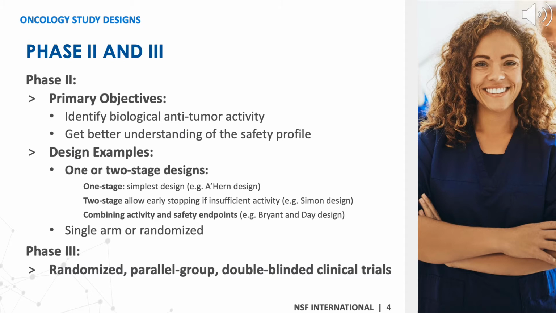The Simon 2-stage design allows flexibility regarding null and alternative hypotheses, which also allows stopping for futility. Another design, known as Bryant and Day design, incorporates toxicity considerations into a design of 2-stage phase 2 clinical trials.